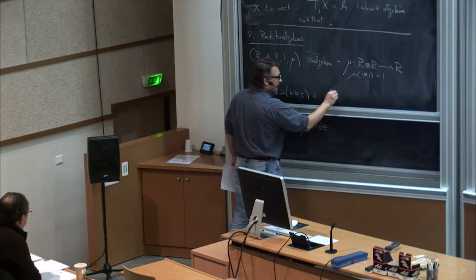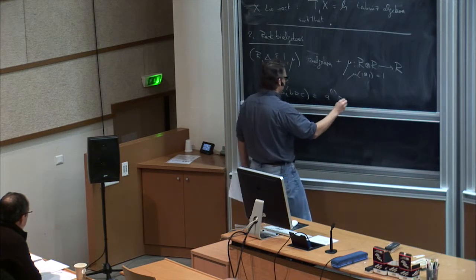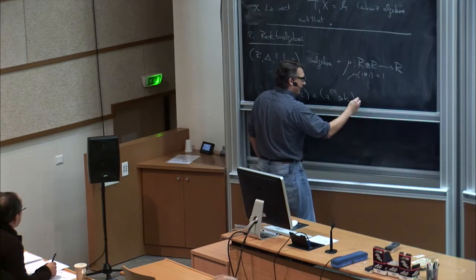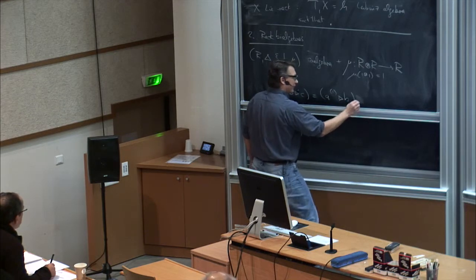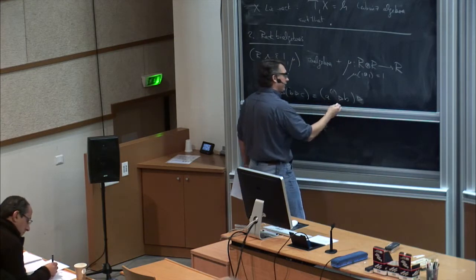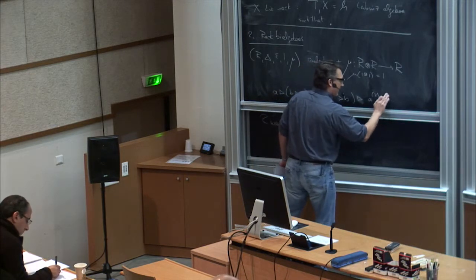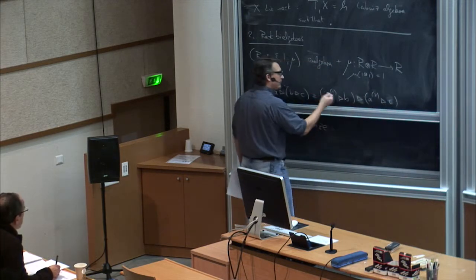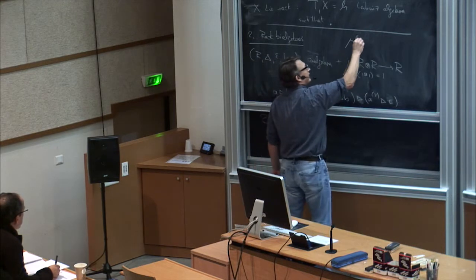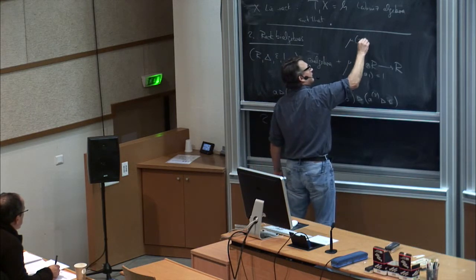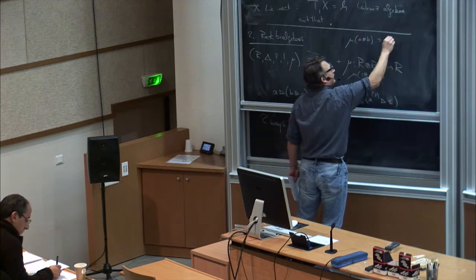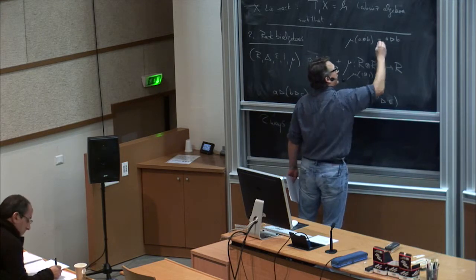In Sweedler notation, this is like that, where the sum is not written, and mu of A, B is written as the rack product, by definition.